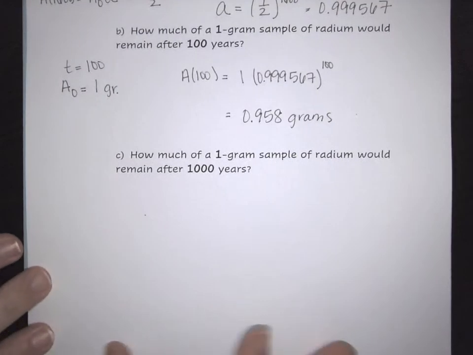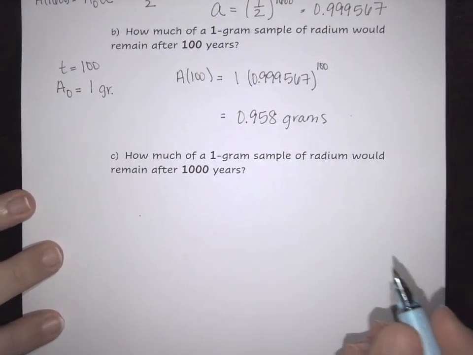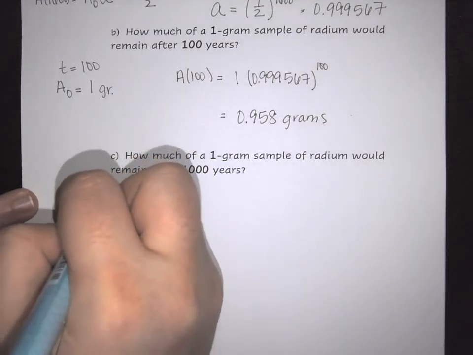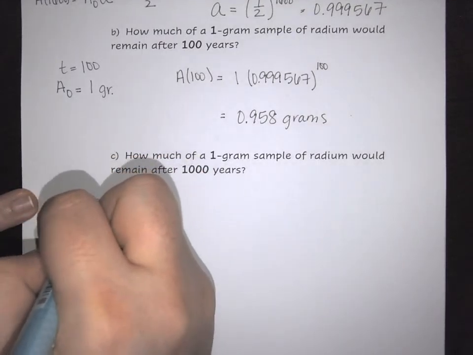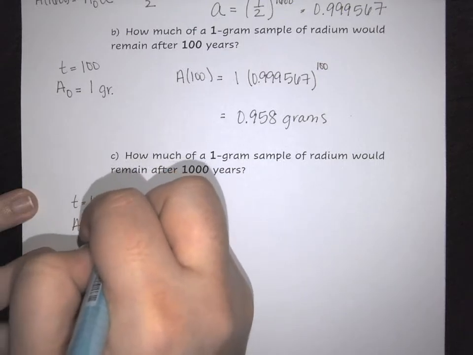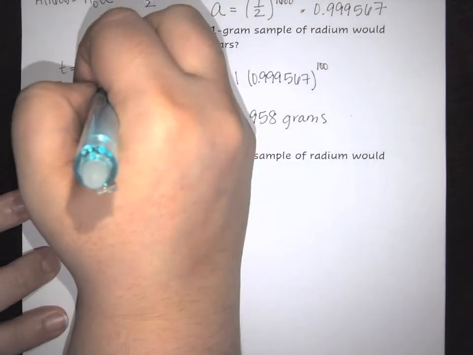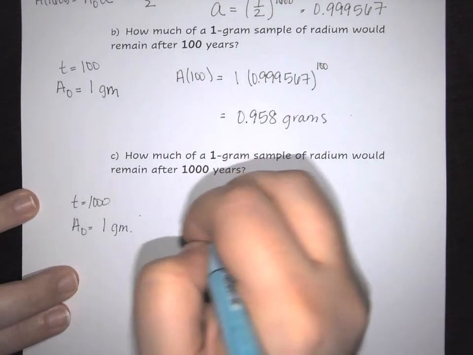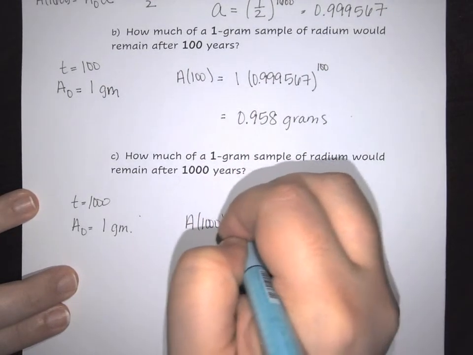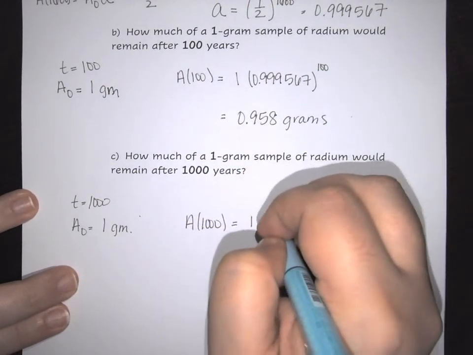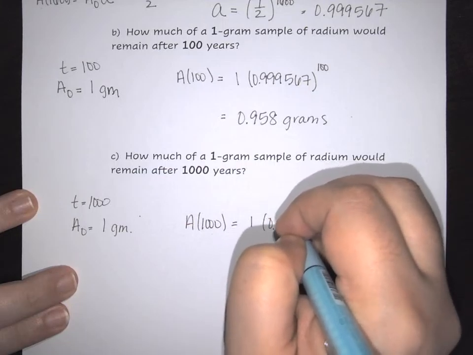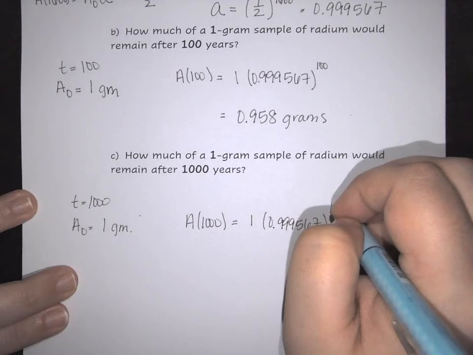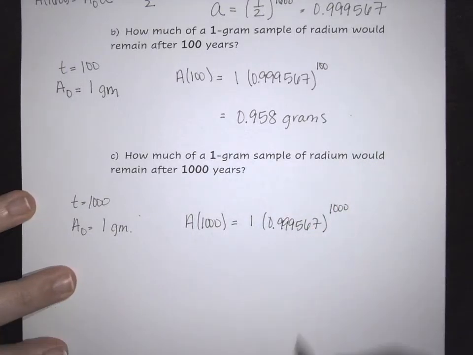Now we can do that exact same thing with the third one. We want to know how much is left after 1,000 years. So in this case, again, my T is 1,000, and my A naught is still going to be 1 gram. So here we would still have A of 1,000 is equal to 1 times 0.999567, this time raised to the 1,000.